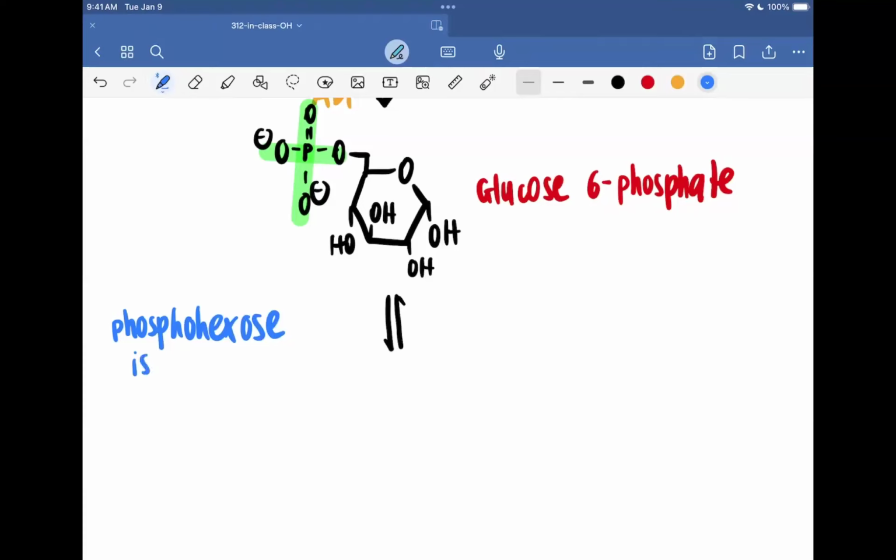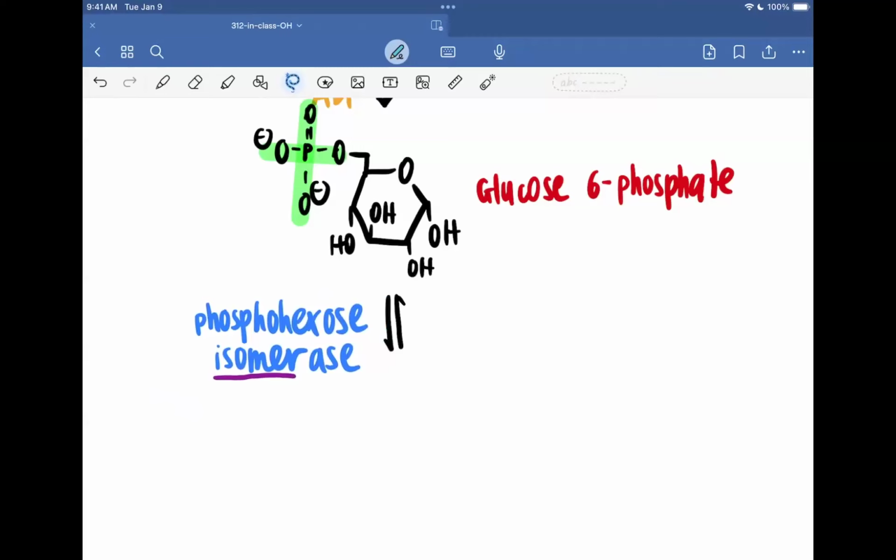And so the term isomer is telling us that there is going to be a product that is going to have the same chemical formula as our glucose 6-phosphate, but a different structural arrangement. And so that difference is going to lie in the ring structure, where here we have a pyranose, a 6-membered ring, and down below we're going to see a furanose, or a 5-membered ring.